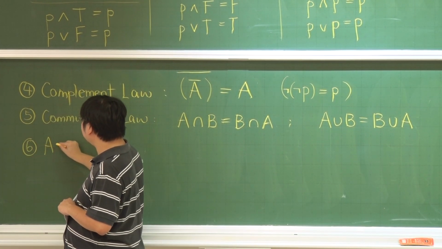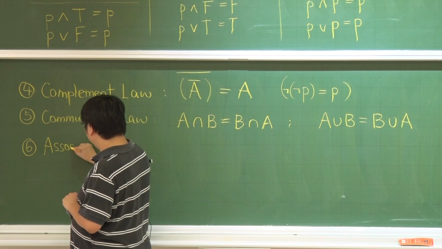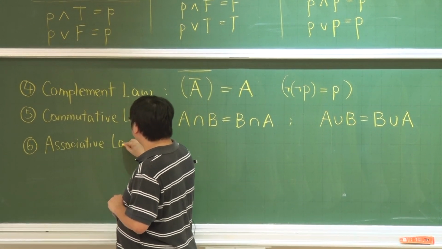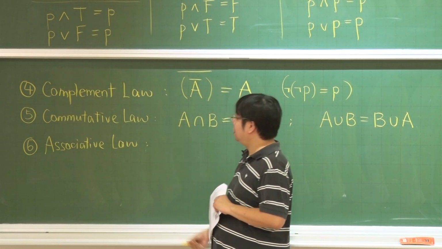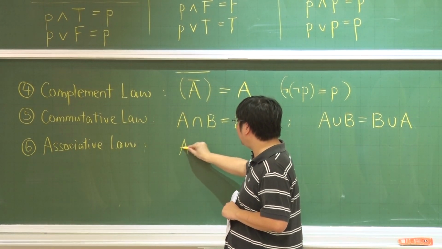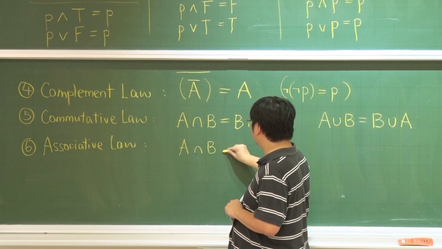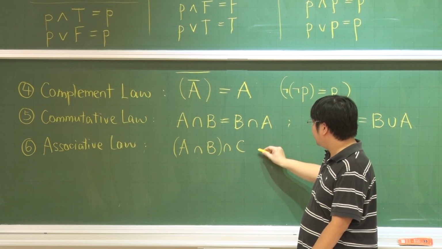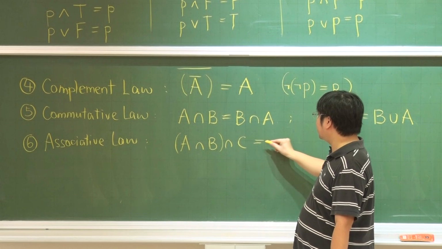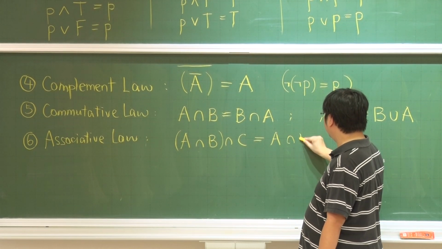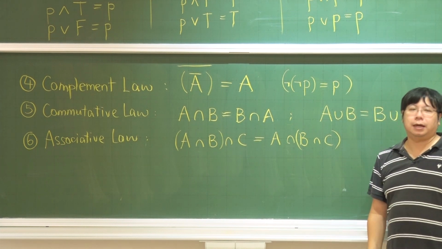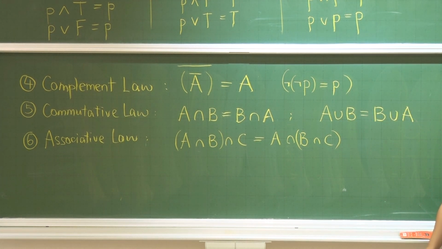And then associative. So associative law is: you have A intersect B intersect C. You do the first two first, and then you do this afterwards. It's the same as you do B, C first, and then intersect with A later.